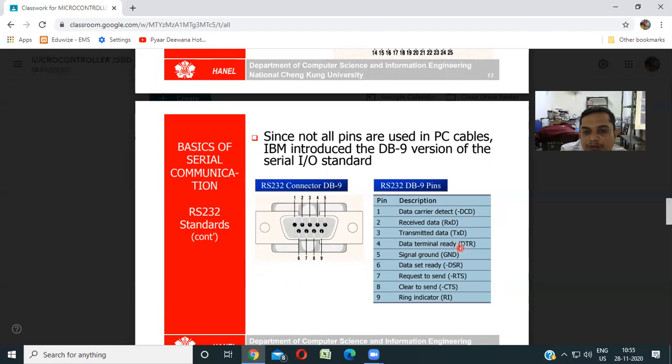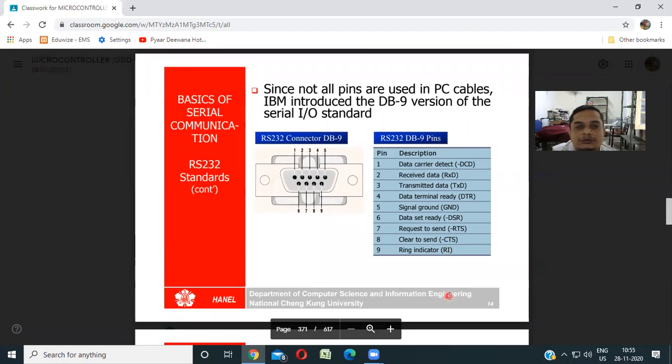If the data terminal is busy, then it will generate the wait signal. Then signal ground, data set ready, request to send, clear to send, and ring indicator. If data is received, we indicate it by raising the ring indicator, that is RI. So these are the 9 pins of the DB9.